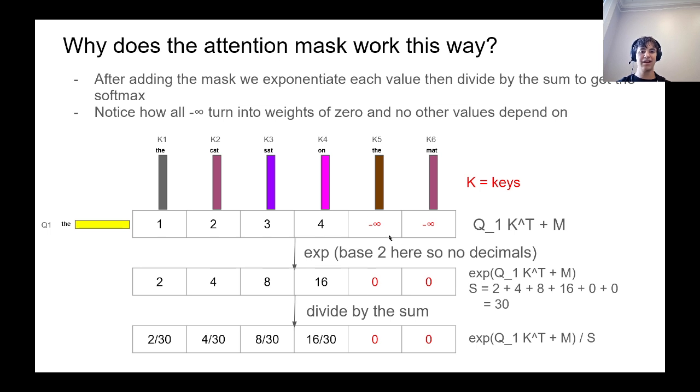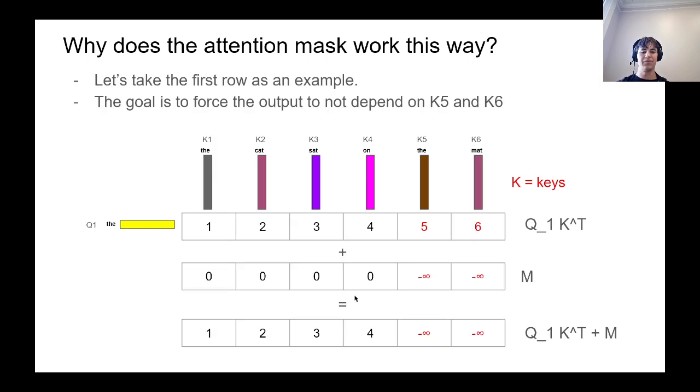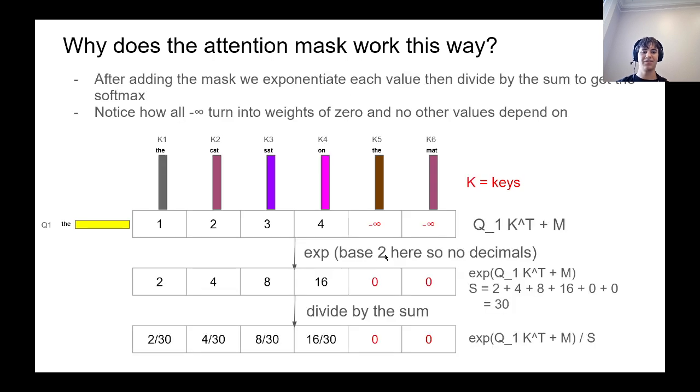If these did not become 0, if these were some value that were not 0, whatever value we had before, 5 and 6, this would be 32, this would be 64, the denominator would carry 32 and 64 in it, which means these values are divided by a sum with 32 and 64 in it, and then you mask it.